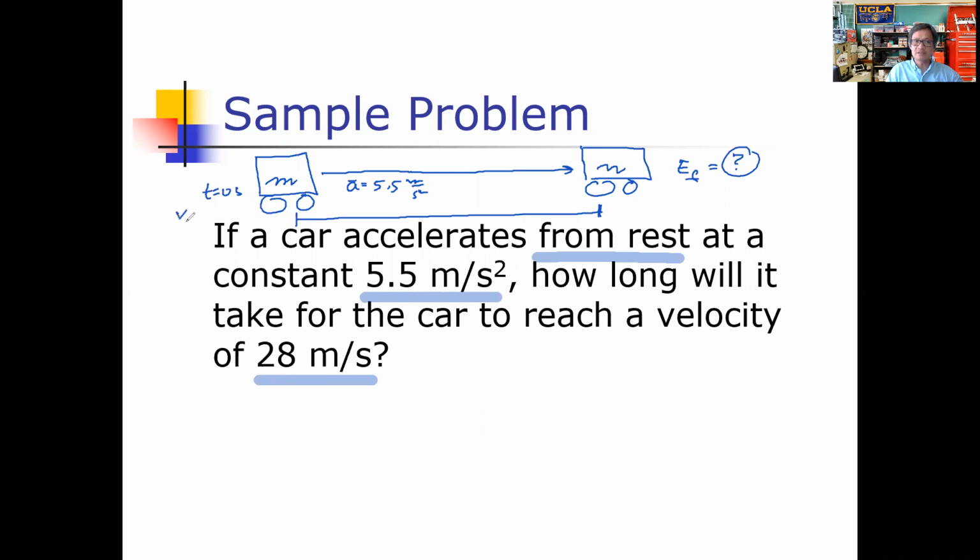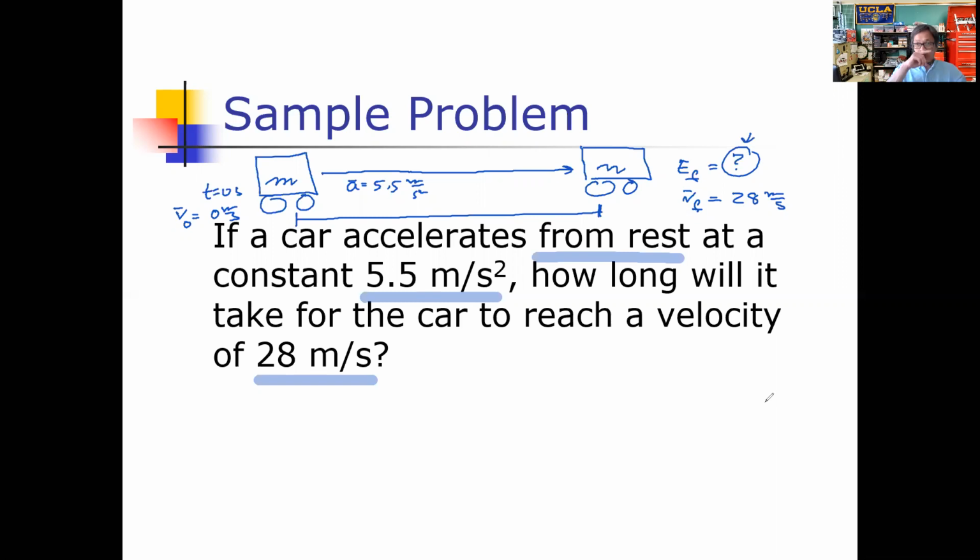So the velocity initial here is going to be 0 meters per second, and at whatever time final, it reaches a velocity of 28 meters per second. So in this diagram here, we have laid out what we know. We know the acceleration. This is constant, non-zero acceleration. We have identified the starting time and the starting velocity, and then we've identified the final velocity here, and finally we have listed what we need to solve for.